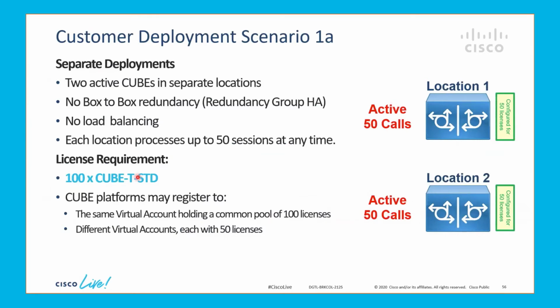The licensing requirement in this case would be 100 Cube trunk standalone, and this assumes that the same virtual account is holding these 100 licenses. If you have different virtual accounts, then you can use those as well. But if you have the same virtual account, then configure 50 on each of the boxes.